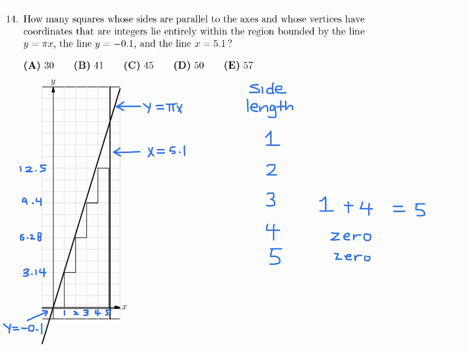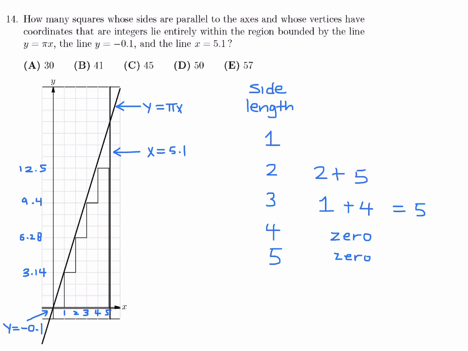Now let's talk about 2 by 2s, the next one here. If I have that as the base, that will work, that will work. So that's 2 I've got. If I move the base over here, I'll be able to get 1, 2, 3, 4, and 5. 5 of those when I move the base over.